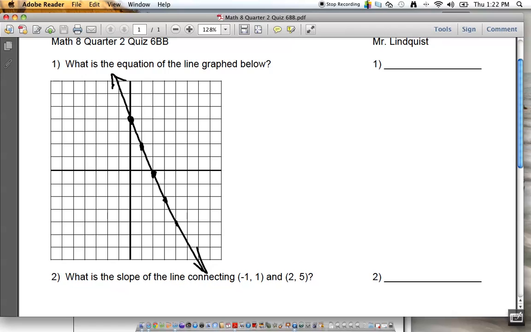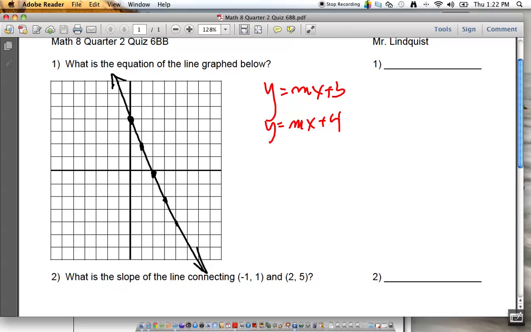Since we want the equation of a line, we have to use y equals mx plus b. What does m stand for? Slope. And what's b stand for? The y-intercept. To me it's always really quick and easy to find the b first. As you look at the graph, what is the y-intercept? 4. Good. So I get y equals mx plus 4.